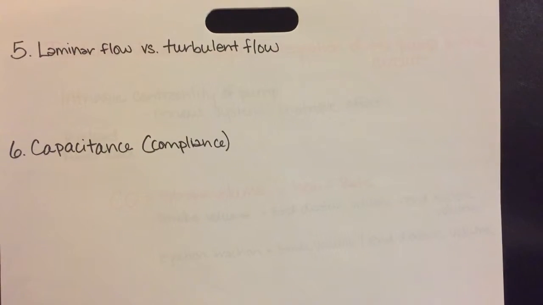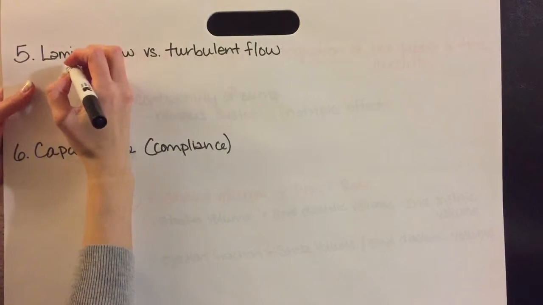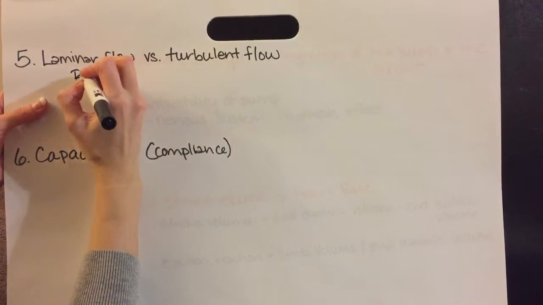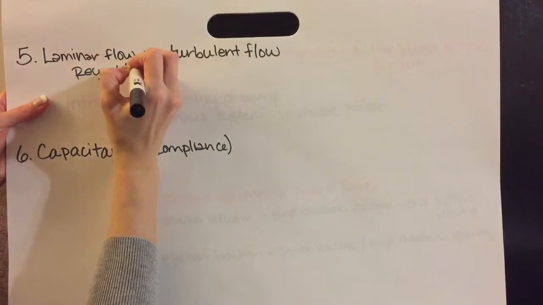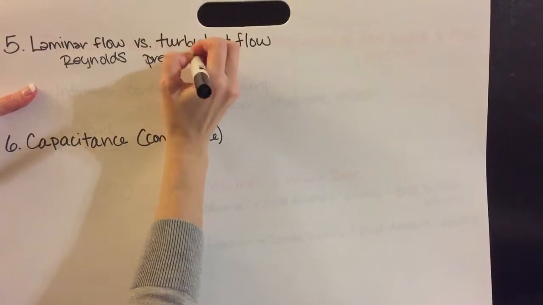In a system of fluids, we also need to consider laminar flow versus turbulent flow. Laminar flow and turbulent flow is contributed to by something called the Reynolds number. The Reynolds number predicts whether blood flow will be laminar or turbulent.